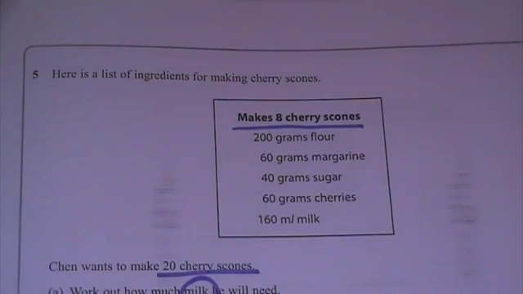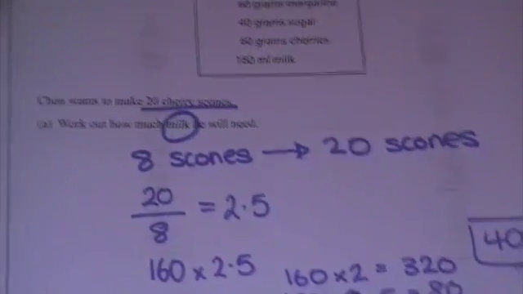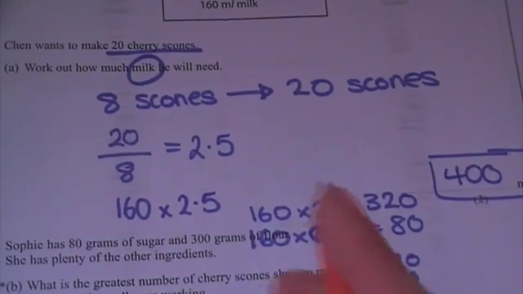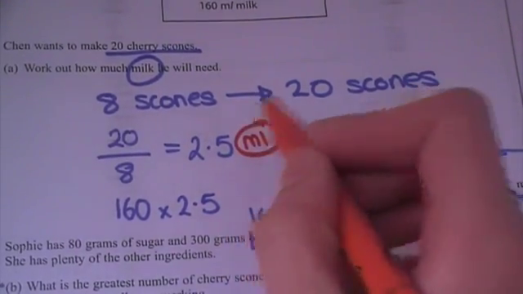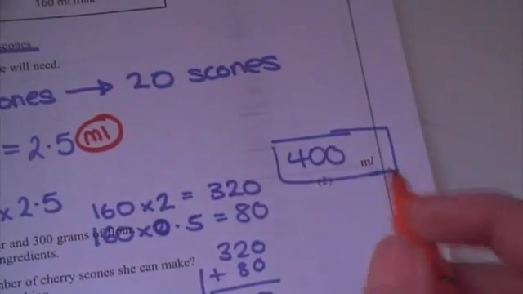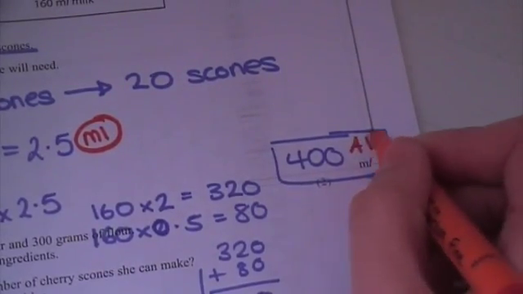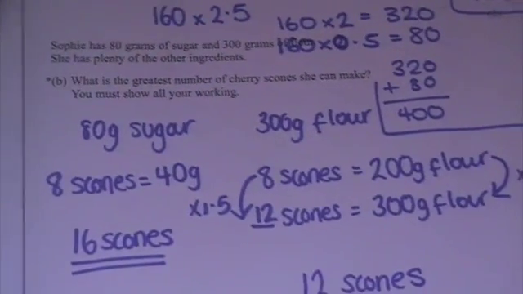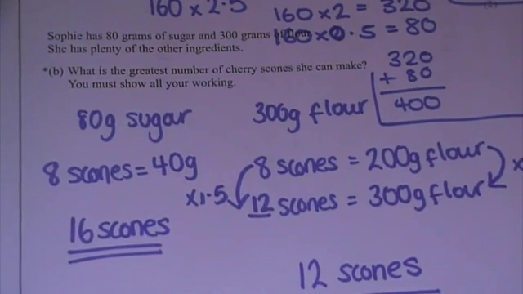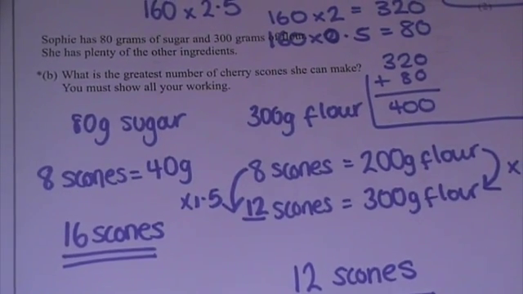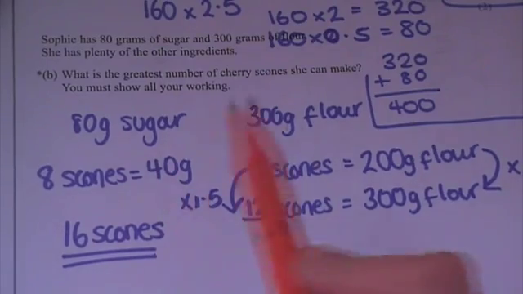Mark scheme for question 5. So part A is worth 2 marks. Your first mark is your method for working out the scale factor, or the 2.5, and the second mark is for using that and getting your answer of 400. Part B is worth 3 marks. So your first mark is for your method for finding the limited ingredients, so what we've done here.